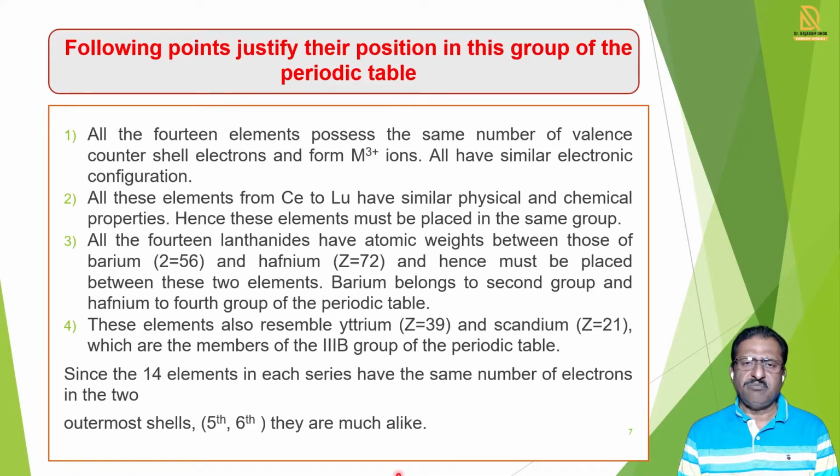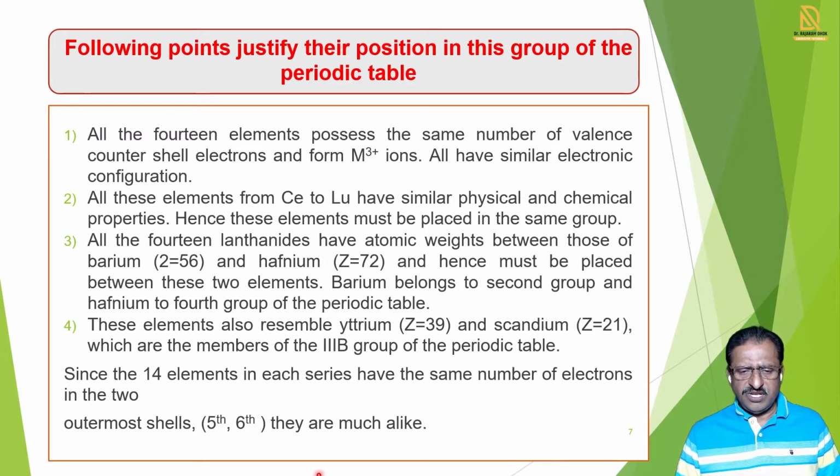In between, in the third B, these are present, and so they have been given a separate position, the inner transition series position. Again, yttrium, atomic number 39, and scandium, atomic number 21, are members of the third B group, and are also present in the third B of the periodic table.